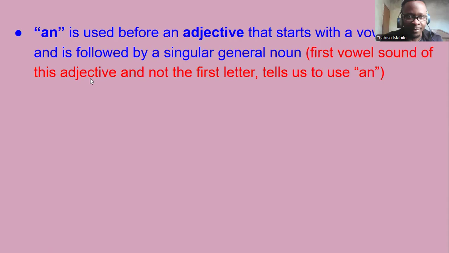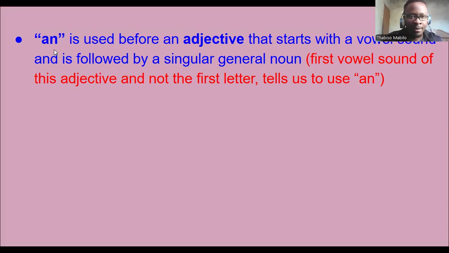The next rule says: "An" is used before an adjective that starts with a vowel sound and is followed by a singular general noun. The first vowel sound of this adjective, and not the first letter, tells us to use "an".